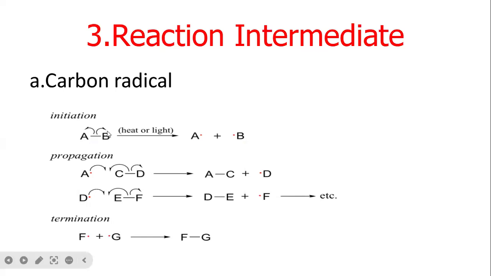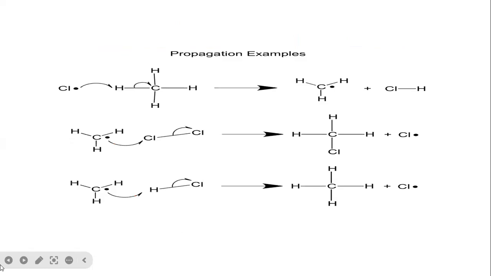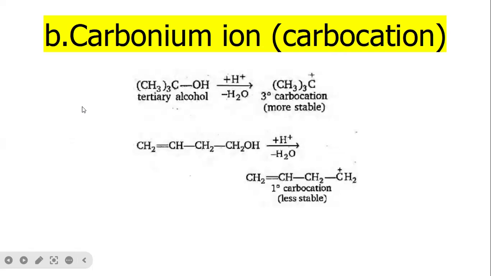In this case, the two electrons dissociate as free radicals. This is also called a carbon radical. This is the free radical, and a free radical may propagate. This is the propagation, and when it becomes bonds, it is the termination. This is an example of propagation.